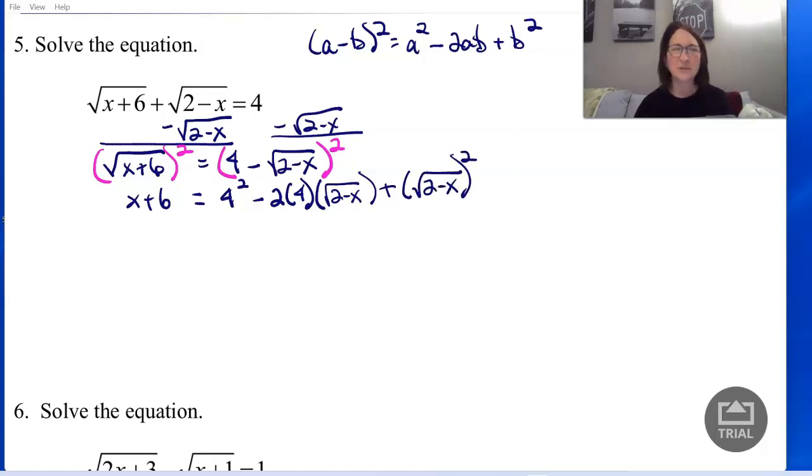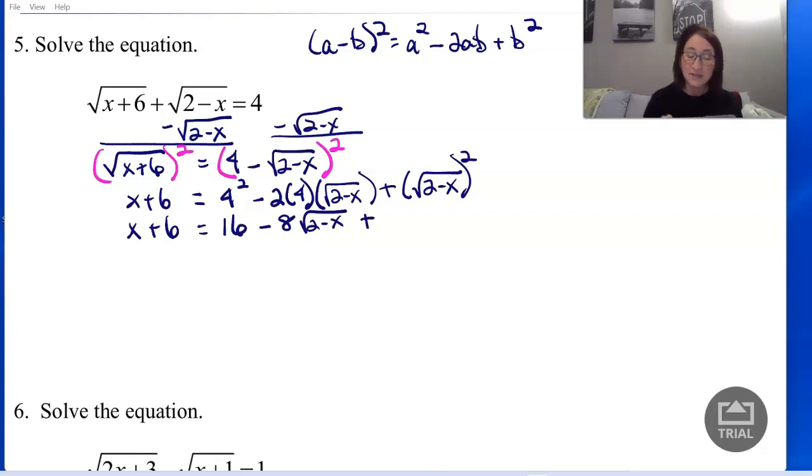Woo. Let's simplify that. X plus 6 on the left. On the right, 16 minus 8 square root of 2 minus x plus. So, just like we were doing all along, if your exponent equals that index, those kind of cancel each other out, and then you are left with just that radicand, 2 minus x.